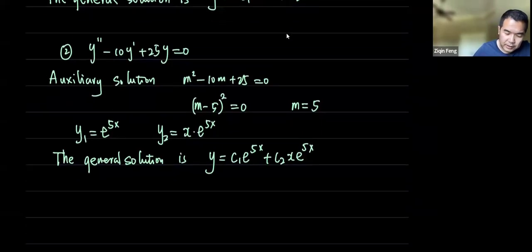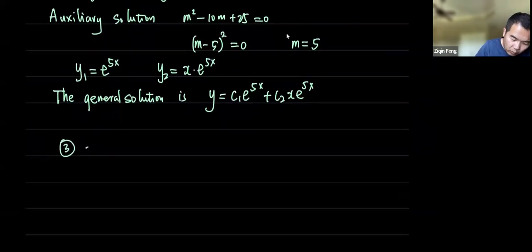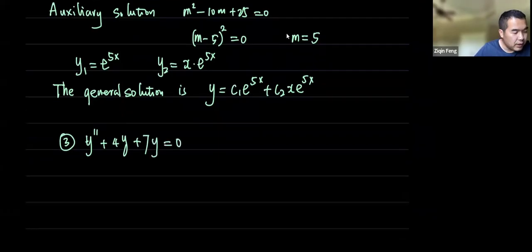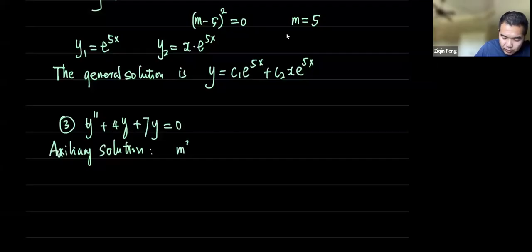And now let's see the third example. We are given y double prime plus 4y prime plus 7y equal to 0. In this case, the auxiliary equation is m squared plus 4m plus 7 equal to 0.